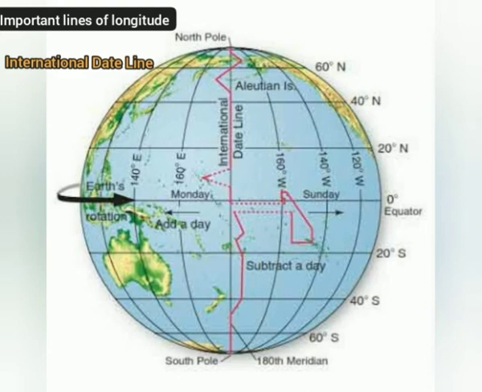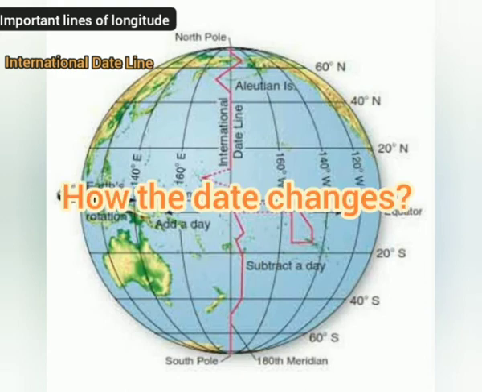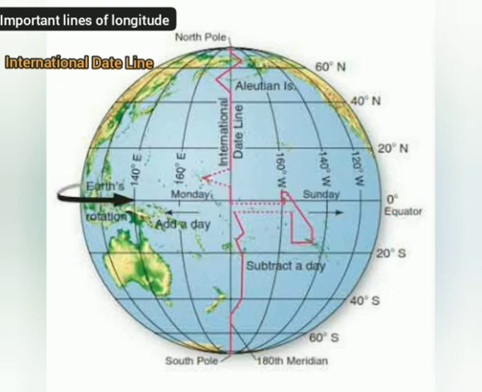So students, the biggest question here is how the date changes. Here you need to remember that this international date line is just a reference line. As I said earlier, when we cross this international date line, the day and date change.